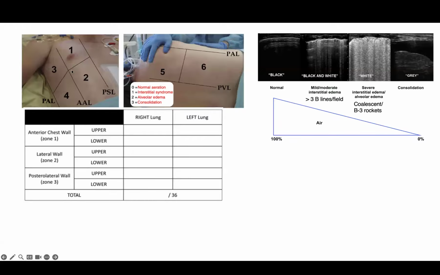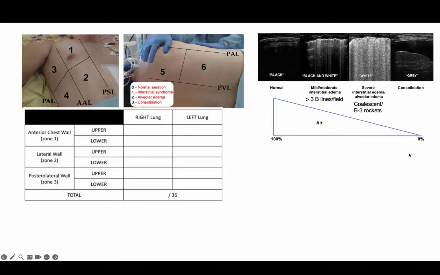So you will have to take four areas into consideration: the parasternal line, the anterior axillary, the posterior axillary, and the paravertebral line. And at the level below the fourth intercostal space, you take an imaginary line. That will be the horizontal transverse intersection. Those are the landmarks you will have to assess. So the total severity score will be 36.